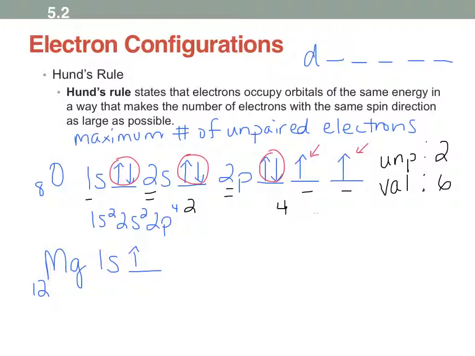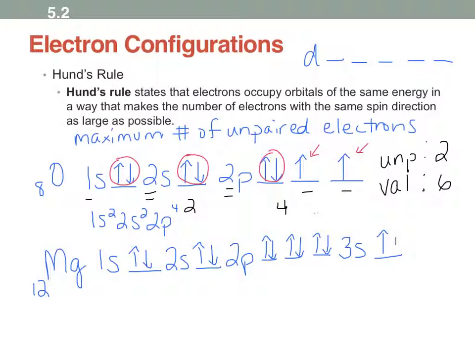The 1s orbital is going to have 2 electrons. The 2s orbital will have 2 electrons. When I get to 2p, I'm going to say that would be 5, 6, 7, 8, 9, and 10. And then I have to move on to the next orbital, which would be 3s.